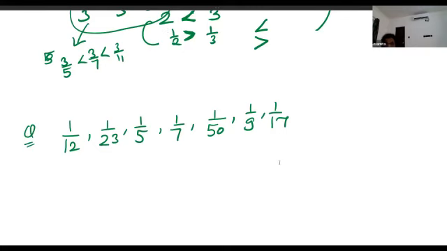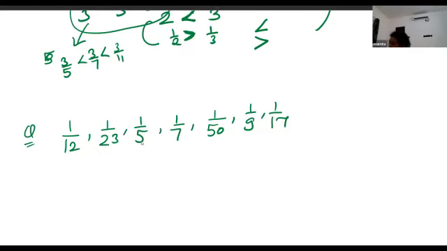Very good. Children, here the numerators are the same, okay? If the numerator is the same, then the lesser denominator will be the greatest. So which fraction has the lesser denominator? 5. So this will be the greatest among all.